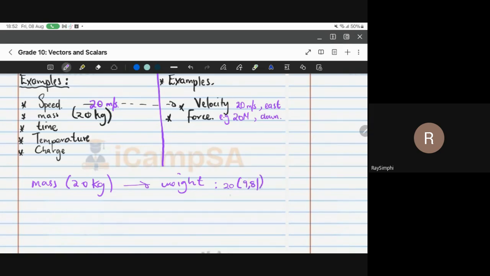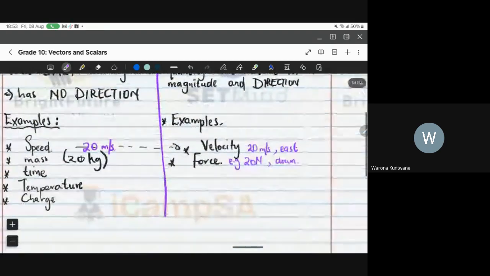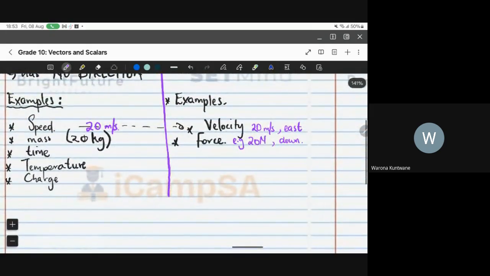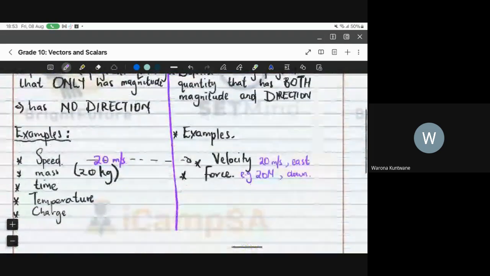Then you would find it should be around 200. Let's say 196. I think, yeah, somewhere there. 196 newtons, right? That is weight. If someone says I weigh 20 kilograms, what they're actually saying is they weigh 196 newtons. So that's the difference between mass and weight, but you will learn that later on, not now. Now, so force is also an example of a vector.